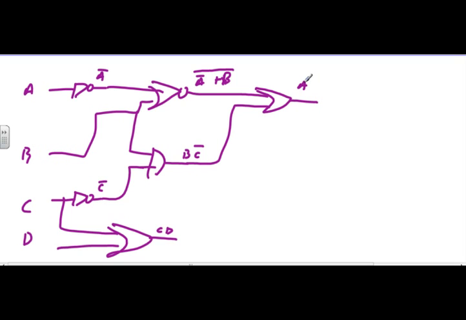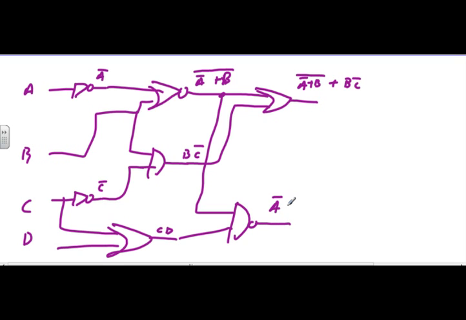So I got A naught or B knotted or B, C knotted. Okay, and then down below, I'm coming from there, I'm coming into here, and I've got A naught or BC, B knotted, and CD, the whole thing knotted, and then I have those guys going into an OR.